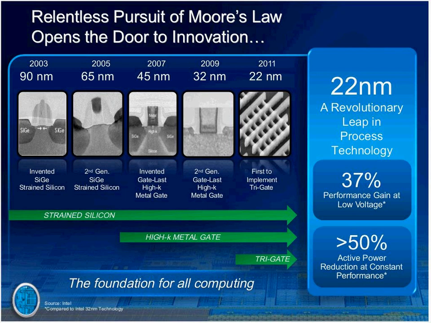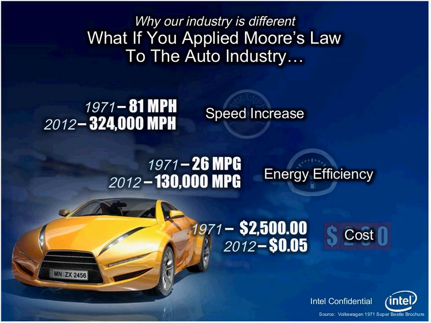Now, we thought it would be kind of fun to put this into terms that everybody could relate to. So we did this little exercise reading from a data sheet for a 1971 Volkswagen Beetle, and we asked ourselves, what would the result be if you applied Moore's Law to the auto industry? Compared to that 1971 car, this year, that car would drive at 324,000 miles per hour.